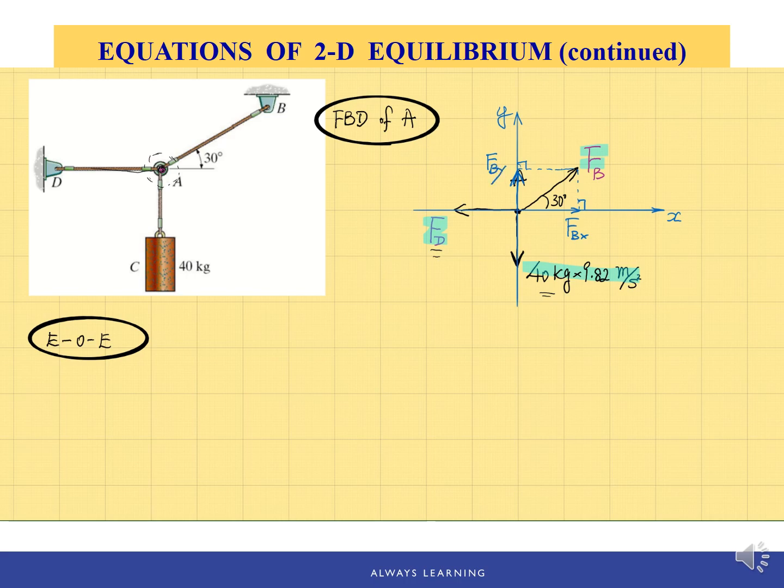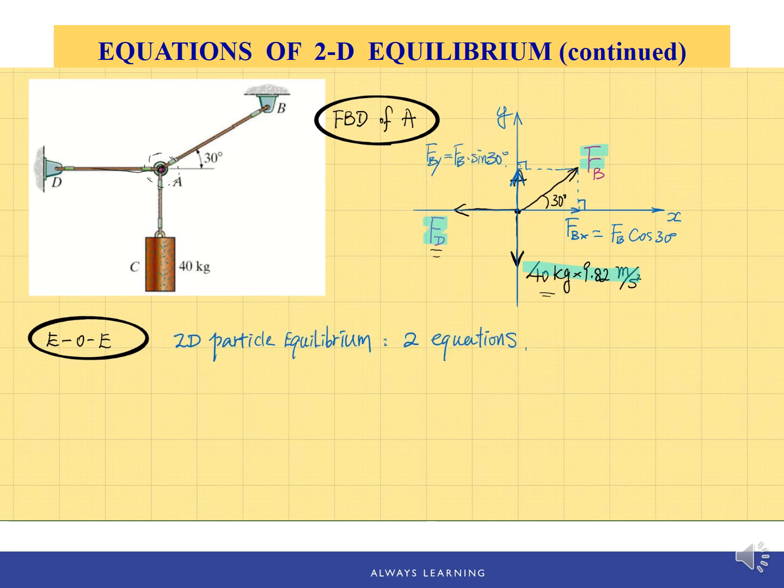Then we're going to use trigonometry to figure out the relation between FBX, FB, and FBY, FB. So FBX equals FB times cosine 30 degrees, and FBY is FB sine 30.